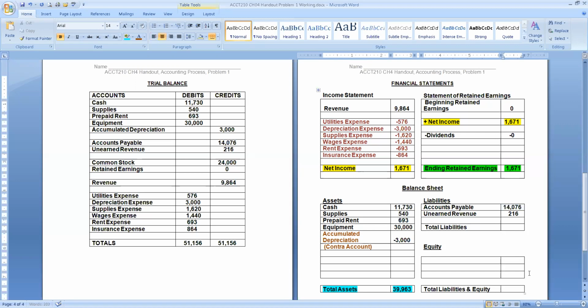So total liabilities will be those two together, whatever that is. $14,292.